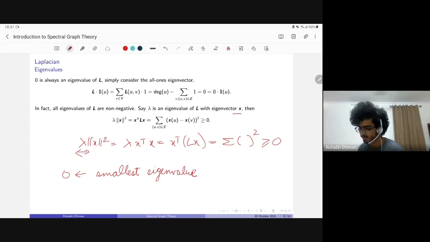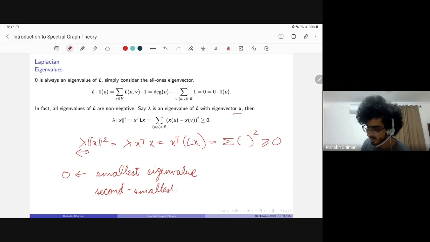Okay, so it's natural to ask, what about the second smallest eigenvalue? That will be the first result I'll show you, which connects this study of eigenvalues to structural properties of the graph.